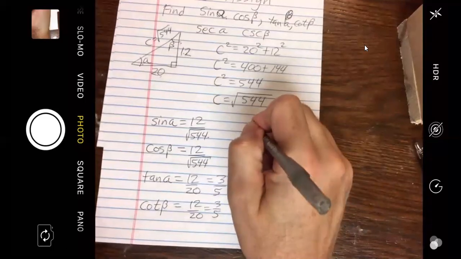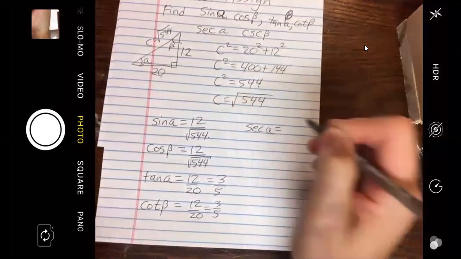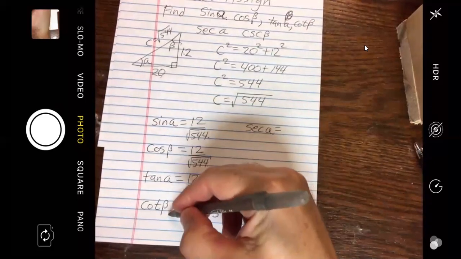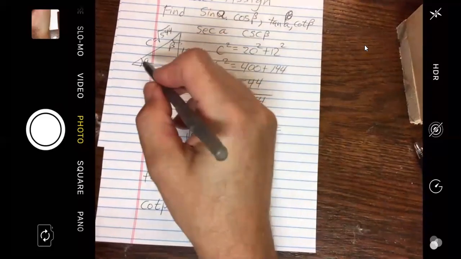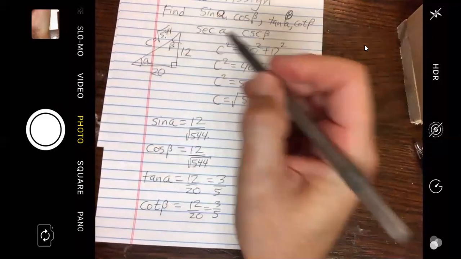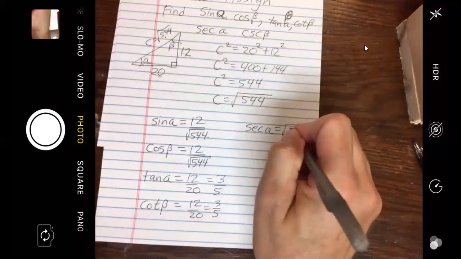Yeah. Are we ready for the last two? Oh yeah, secant A. See, I'm thinking in terms of cosine. Now they didn't have me write cosine of A, so cosine of A would be 20 over root 544. So the secant would be reversed, root 544 over 20.